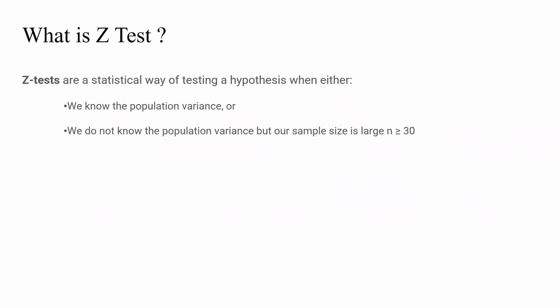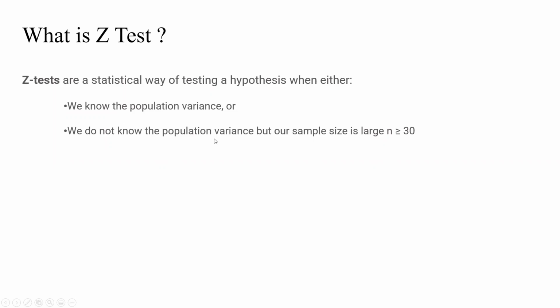So first, let's start with the Z-test. As most of you know already, these are basically a way to test our hypothesis. We calculate something called the Z-score, and typically Z-tests are used in this sort of scenario: either when you know the population variance or standard deviation, then you can prefer a Z-test.